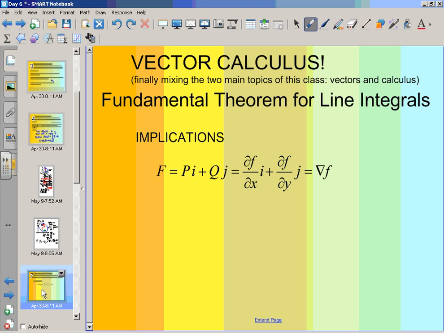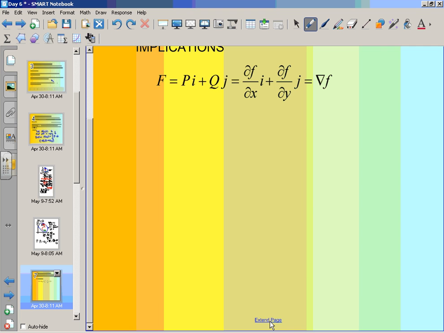But there's still one last question: if we know what the vector field is, is there a way that we can guarantee that it's going to be conservative? If we're given an explicit formula for the vector field, can we do some kind of test to see if it's conservative? It turns out there's a pretty convenient way we can do that.